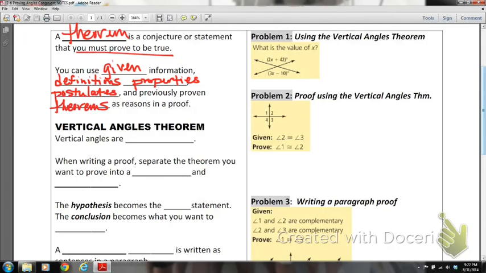So the first theorem that you're going to have is the vertical angles theorem. Vertical angles are congruent is the first theorem that we have. So when we're writing a proof, we're going to separate the theorem you want to prove into a hypothesis and a conclusion.